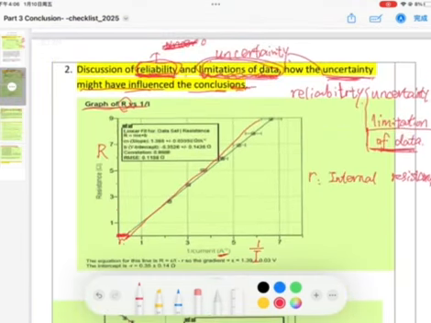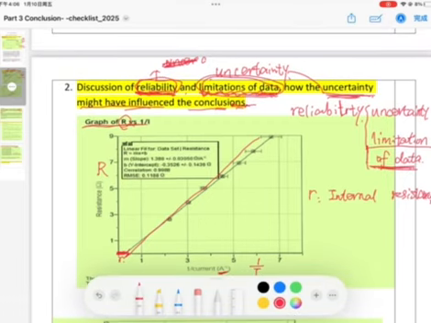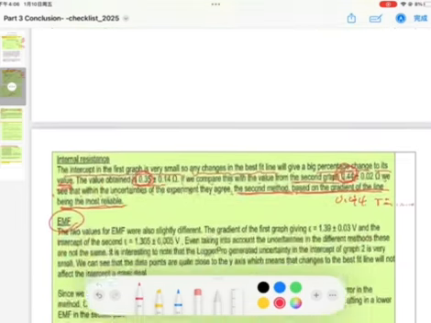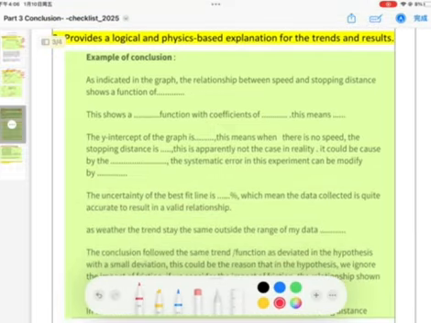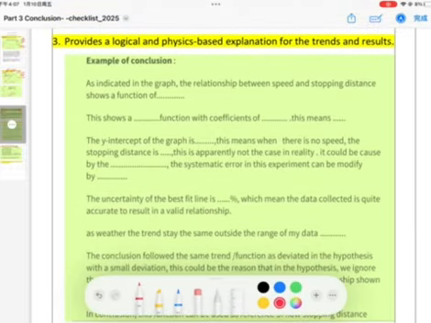So the first part we talked about is using uncertainty, using your data, using the limitation of the data, to talk about reliability. Now, the third criterion is to provide logical and physics-based explanations for the trend and result.